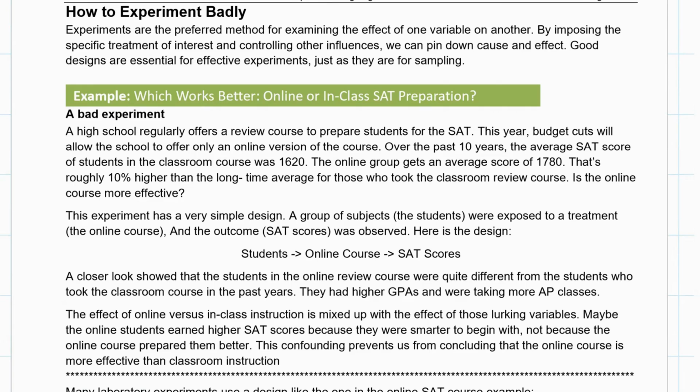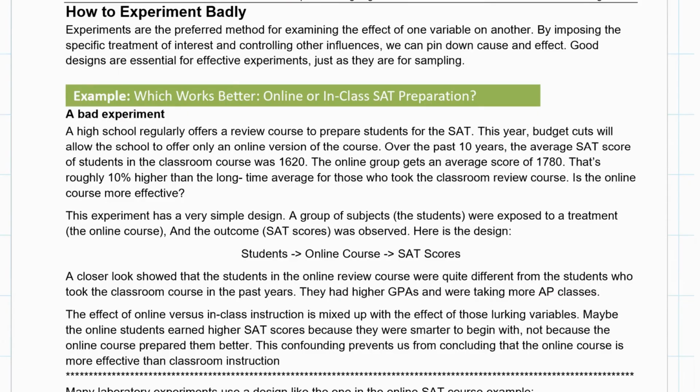This year, budget cuts will allow the school to only offer an online version of the course. Over the past year, the average SAT score of the students was 1620. The online group had an average score of 1780. That's roughly 10% higher than the long-term average for those who took the classroom review course. So is the online course therefore more effective?